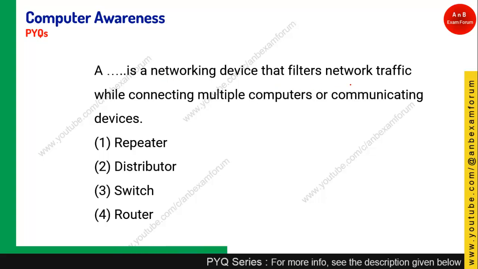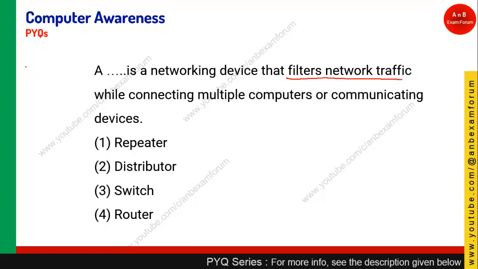A dash is a networking device that filters network traffic while connecting computers or communicating devices. Okay, so as we have seen in the networking devices chapter, one session we have made on networking devices specifically for the SSC exam.